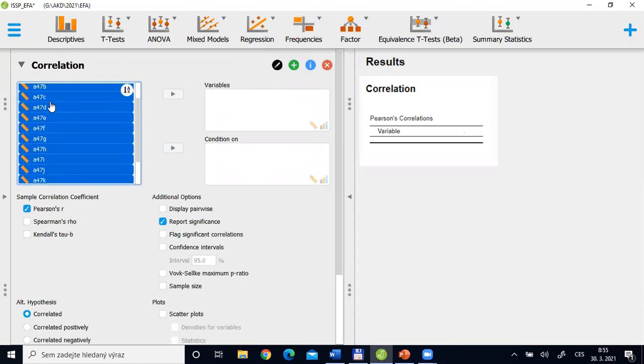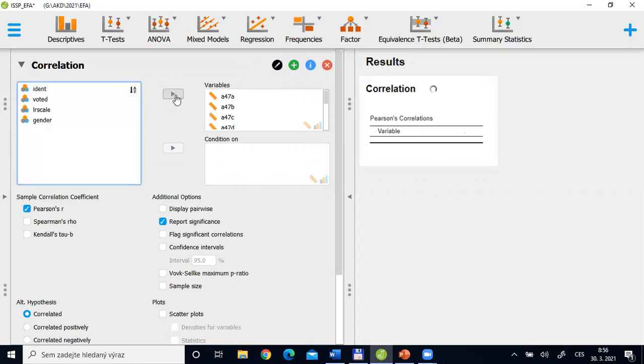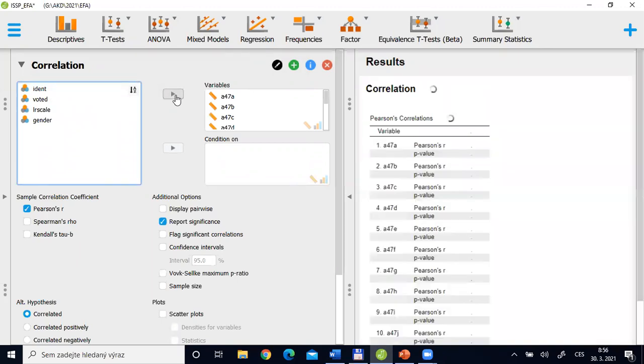So I would take A47A up to K and move it into variables. And it is quite good not only to see the classical table of correlations, as it would be quite big and maybe not easily readable, but I would also recommend to go down.